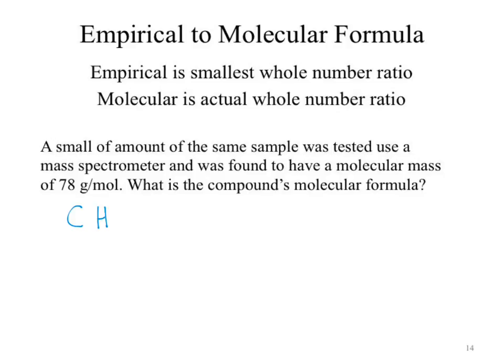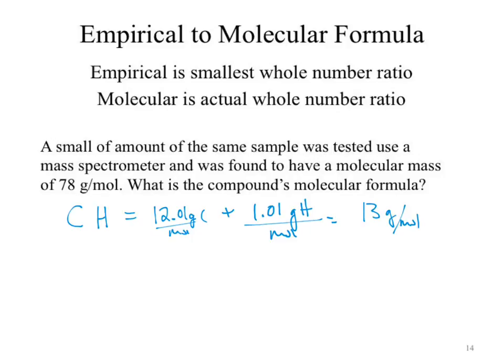We need to figure out the molar mass for our empirical formula, which we already said was 13. 12.01 grams per mole from our carbon, plus 1.01 grams per mole for our hydrogen, and we end up with 13 grams per mole for our empirical formula.